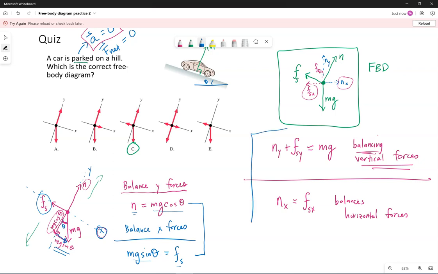If we come back to the situation where we kept a traditional x and y axis, we end up with the normal force having x and y components, the friction having x and y components, and mg not. So setting it up with the traditional coordinate system, we typically increase the number of x and y components.